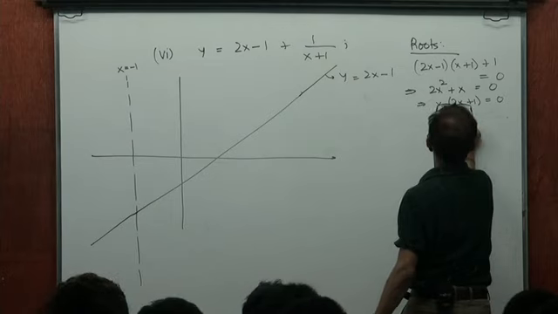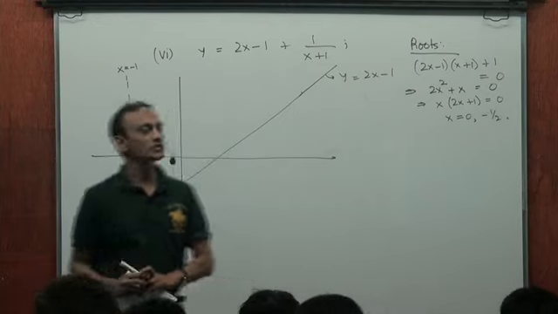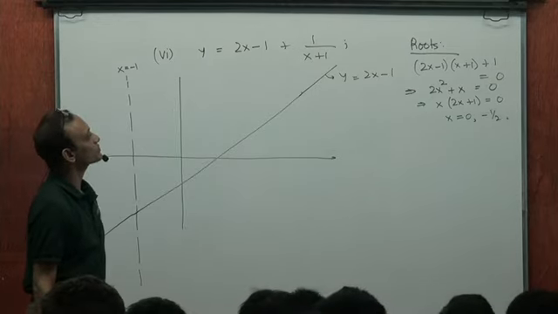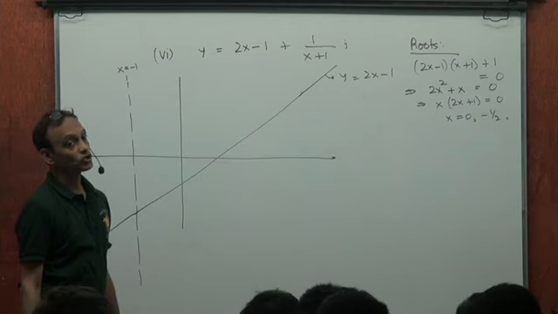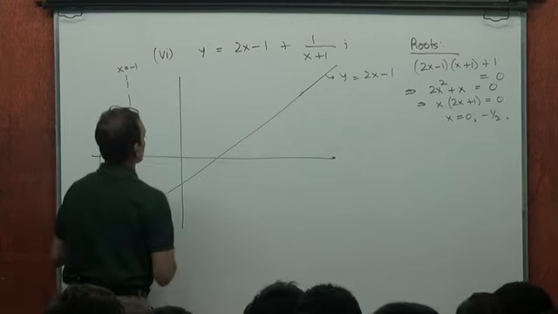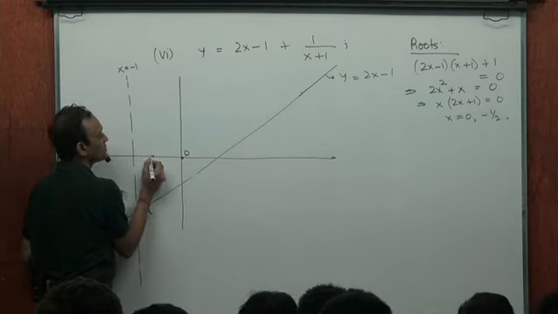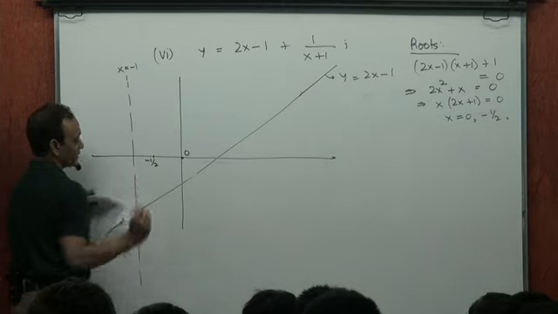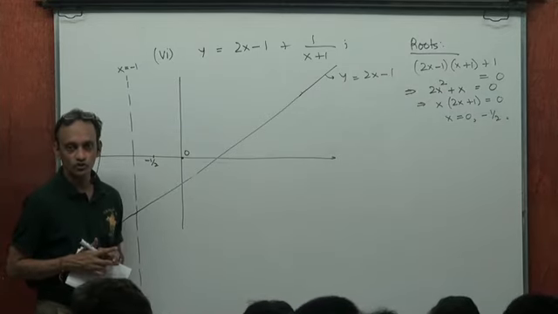Did you get this? 0 and minus half are the roots? Yes or no? So x equal to 0, and x equal to minus half will be somewhere here. These are the two roots.